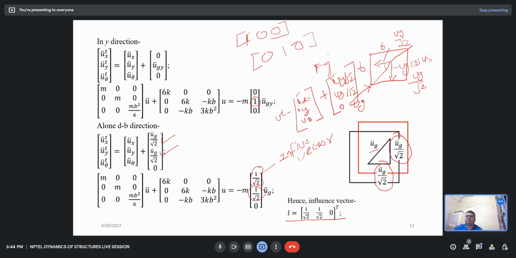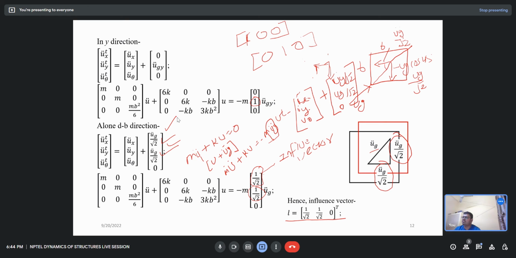You know what your equation is, m u double dot plus k u is equal to 0. So this is your total acceleration, if you put it as u plus ug double dot. If you rearrange the terms, that becomes m u double dot plus k u is equal to minus m ug double dot. So your ug vector is whatever the vector is here.